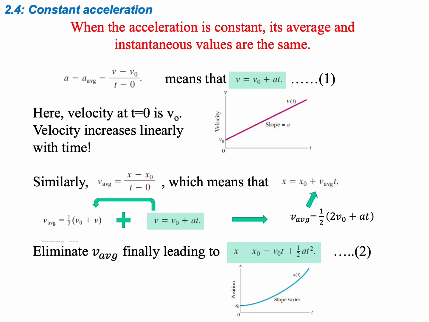Our textbook likes to bring the initial position over to the left side of the equation, so x minus x0, x minus the initial x position, is equal to the initial velocity times the time plus 1/2 the acceleration times the time squared. If you're to solve that for the position, and as I said, velocity and position are dependent on time.